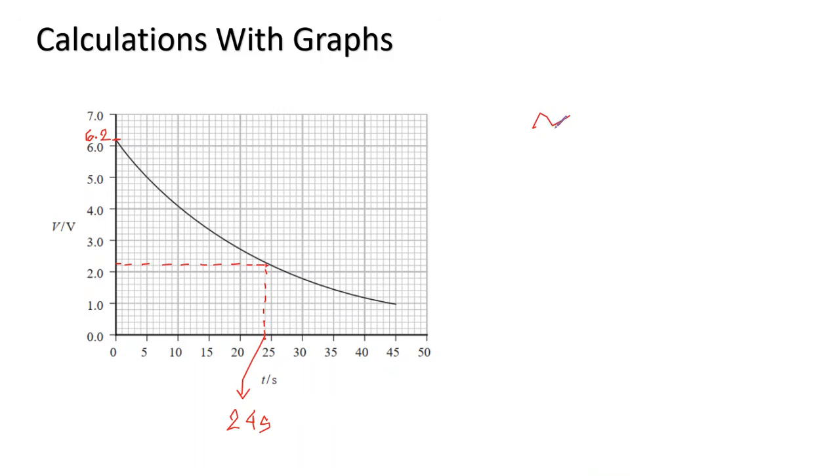And what is the generic equation for time constant? Time constant equals RC. And the definition of time constant is the time taken for the initial value, whether it's voltage, charge or current, to drop down to 37%. And in this case that was 2.3.